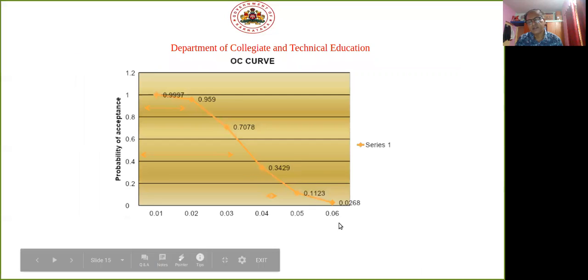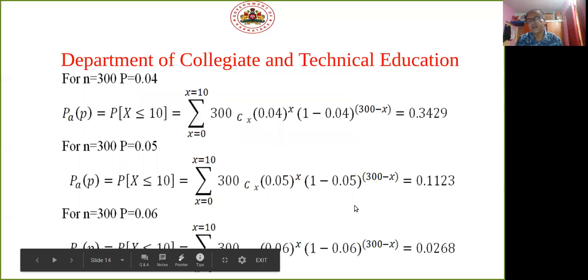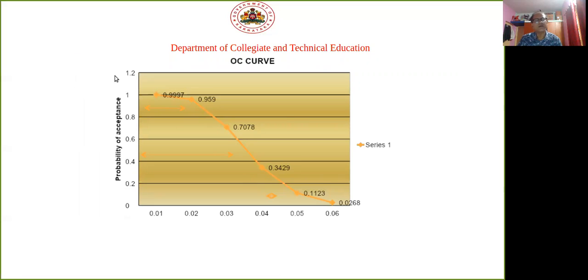Next, for 0.06, it is 0.0268. So now you can see that this is the curve that has been drawn. This is the OC curve that we got by means of the calculations.